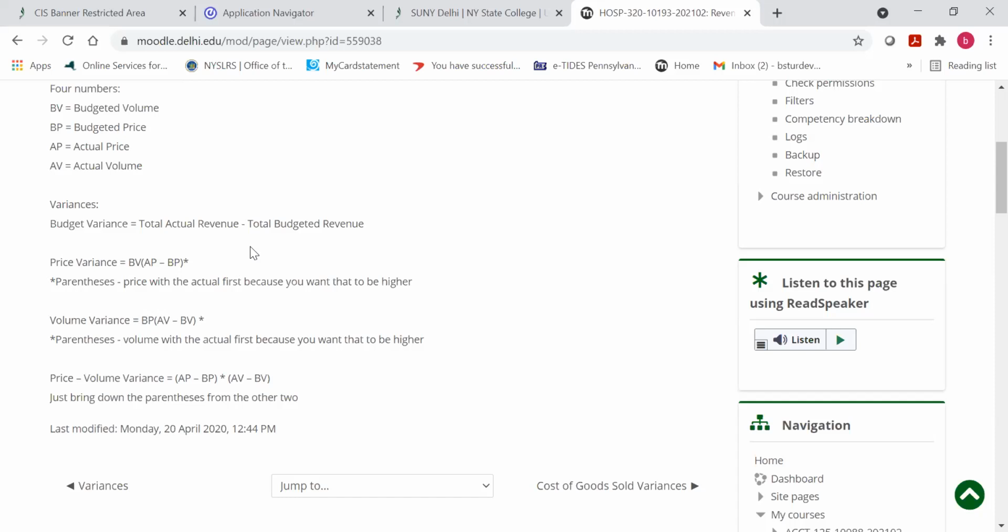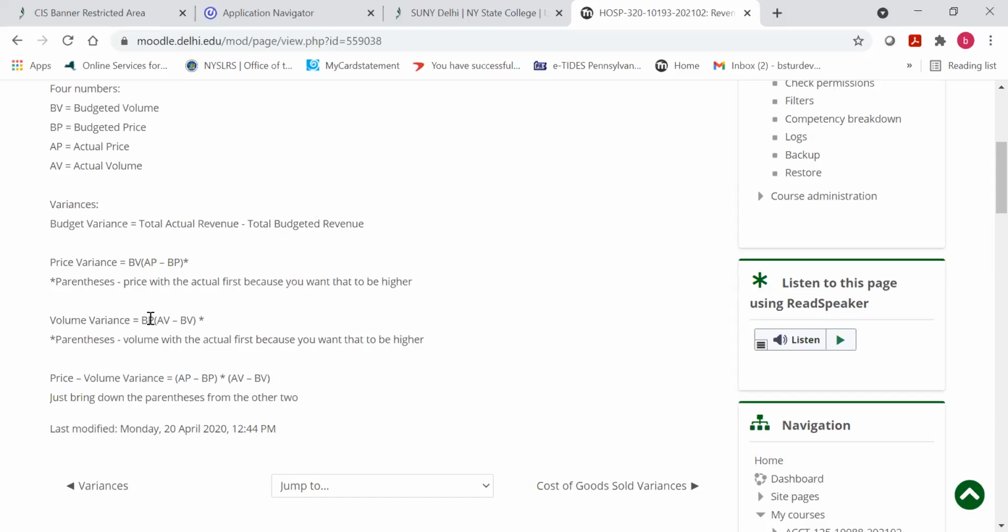So if your actual price is more than your budgeted price, you're going to look pretty good with this one. Your volume variance, that means volume is going to be in the parentheses. Because it's revenue, again, actual goes first because we want that to be higher.